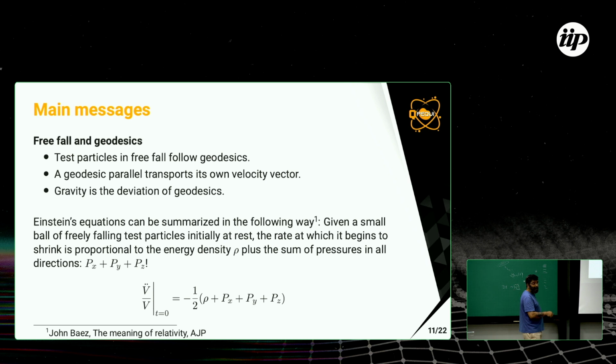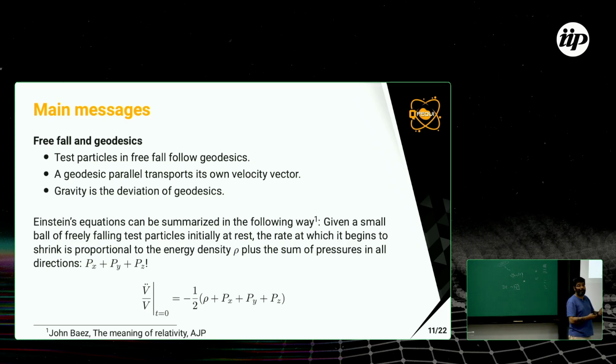This is the same thing as Einstein's equation. So the second derivative of the volume of this ball divided by the volume computed at that point where the ball was at rest is given by this equation. This is the density, and this is the pressure in the three directions. Okay? So if this is positive, this is positive, this is positive, this is positive, what this equation says is that the volume shrinks.